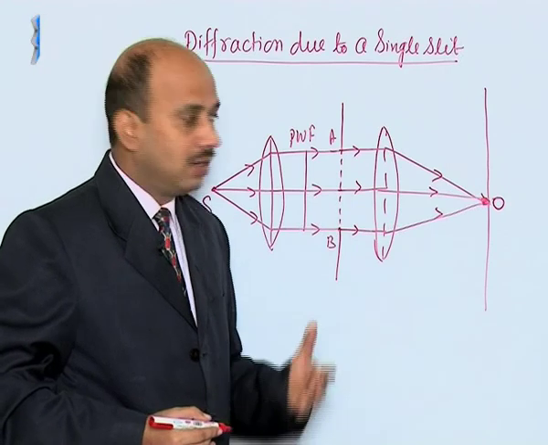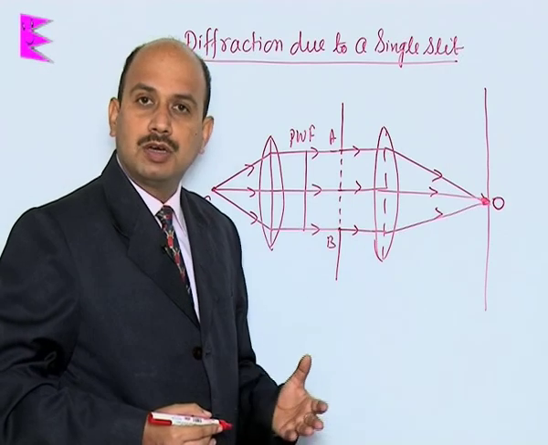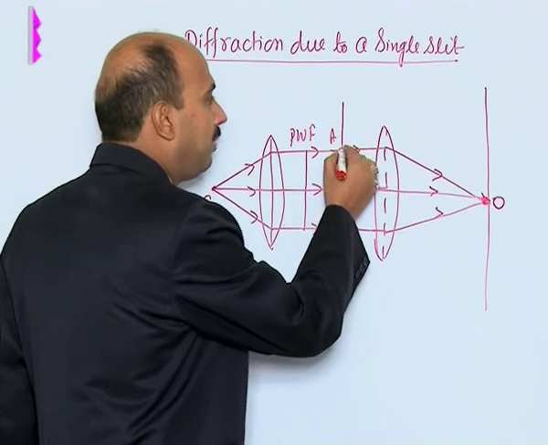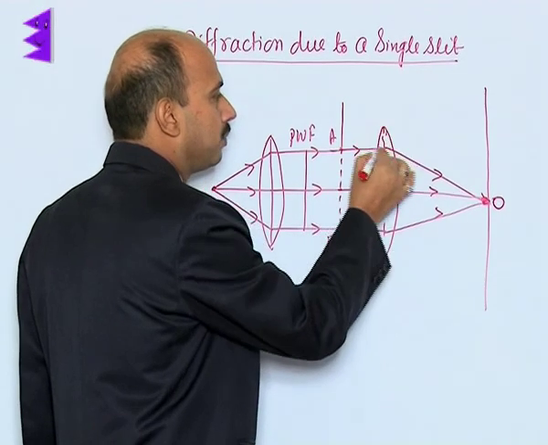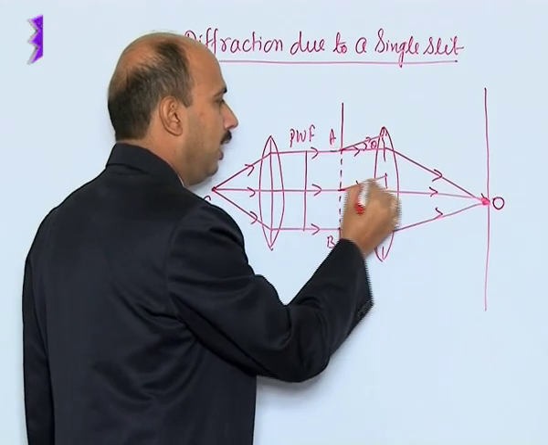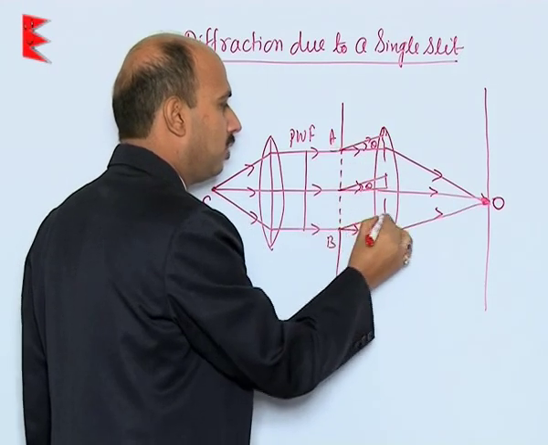Now we can take another point on either side of the central maximum. Suppose you have taken two waves which are at an angle theta. It means they do not have path difference 0.